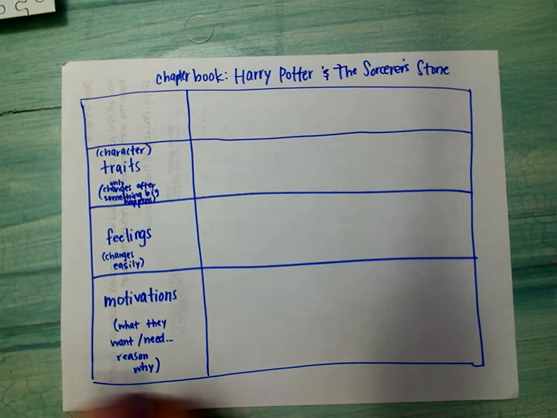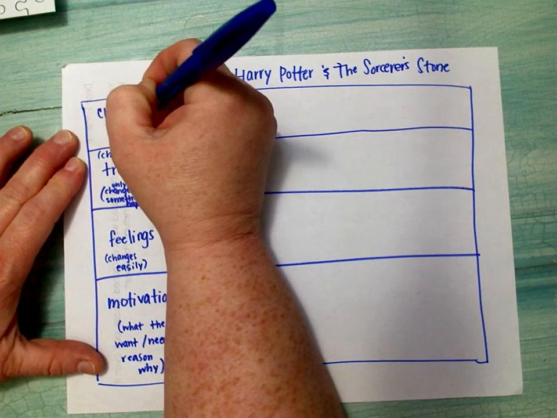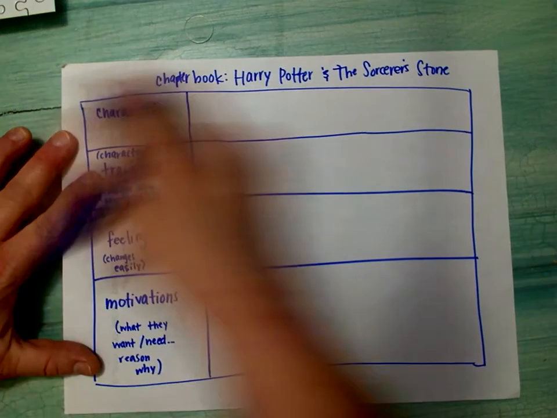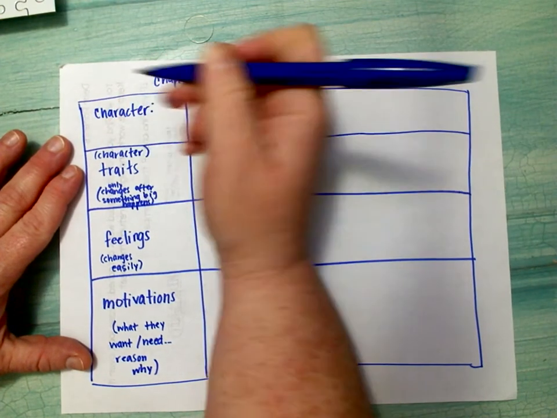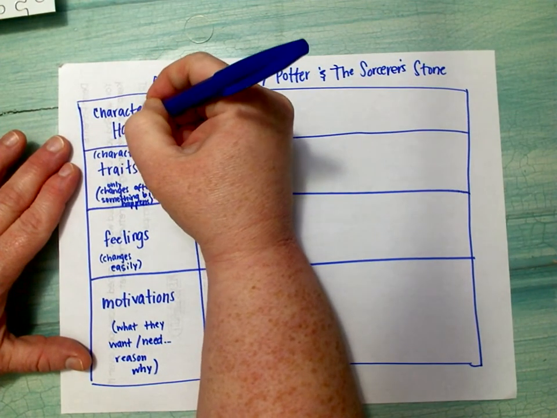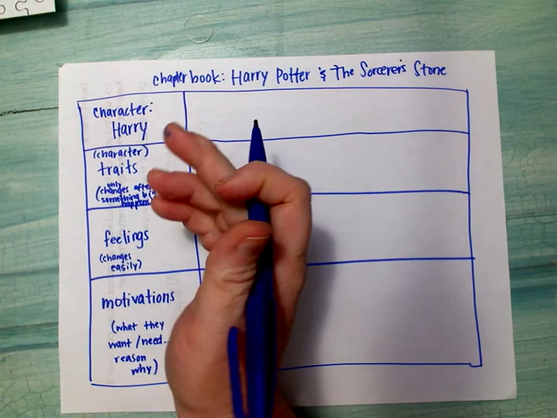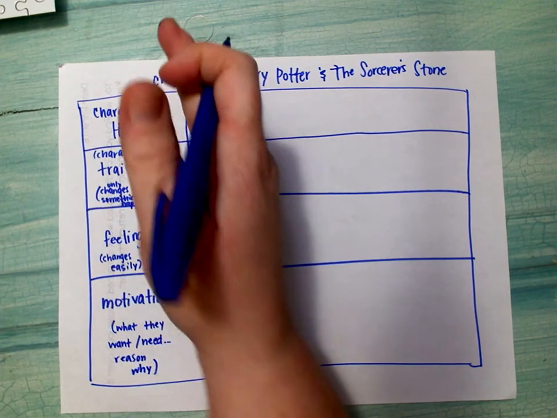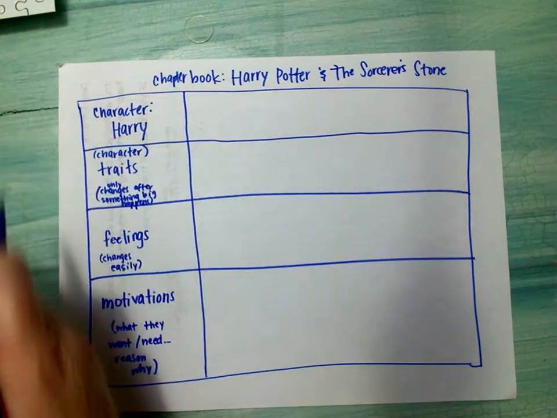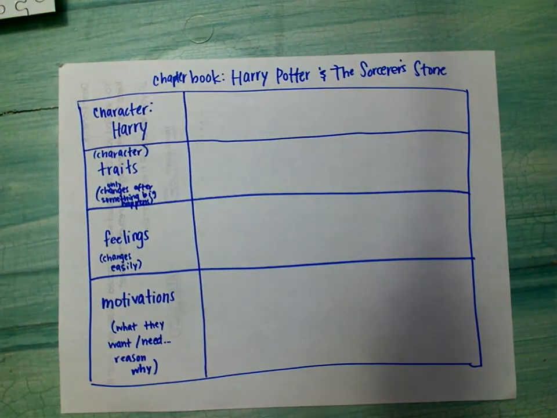Okay? So I'm going to put right here the character that I am going to make this chart for. I'm going to choose Harry. You don't have to choose your main character. I could have also chosen all kinds of people. I could have chosen Ron, Hermione, Neville, or even Professor McGonagall.